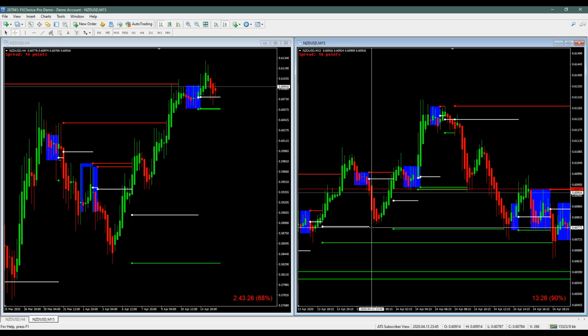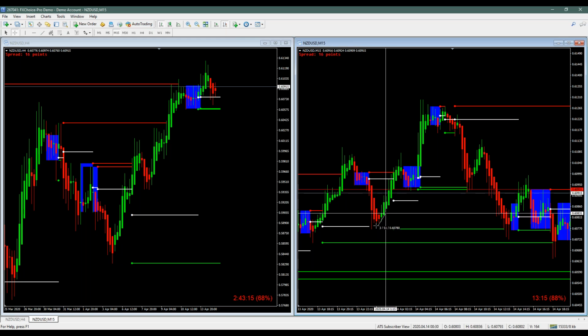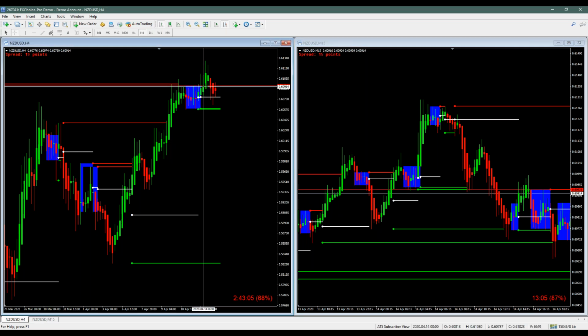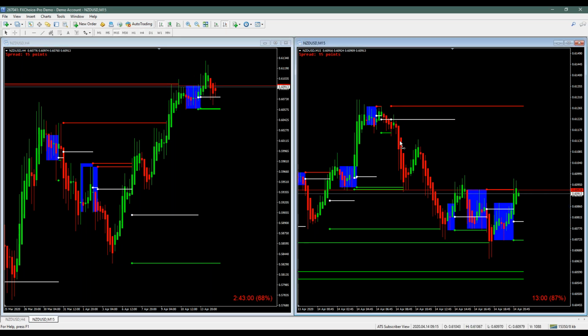So, back to what we were saying, this would have been your ideal entry into this trade. Manage risk right off of either the low of the previous candle or just this general expansion line, and you know that you're long because you're above the most recent expansion line, you're outside of the box, so you're looking for a long trade.